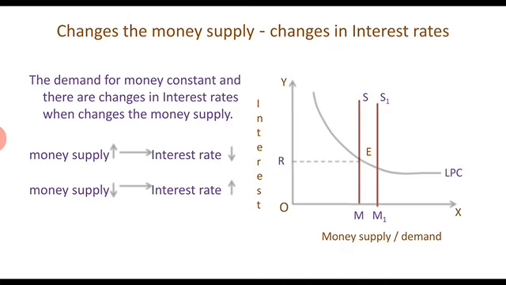Money supply increases from OM to OM1. The new money supply curve has formed on the right side as M1S1. The LPC curve and the new money supply curve M1S1 intersect at point E1. The rate of interest is decreased from OR to OR1.